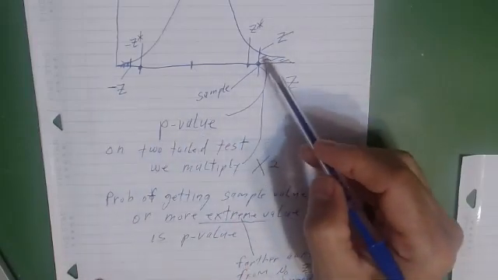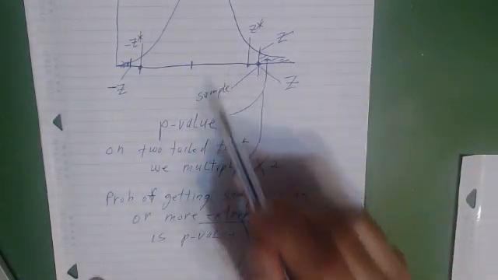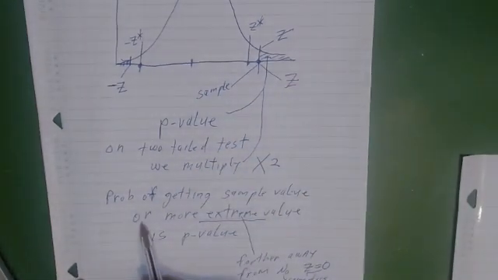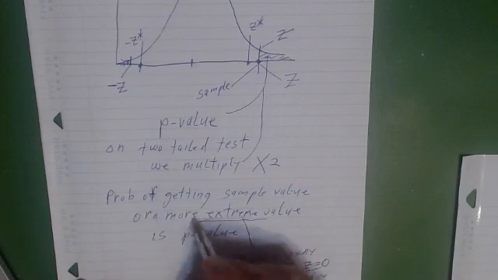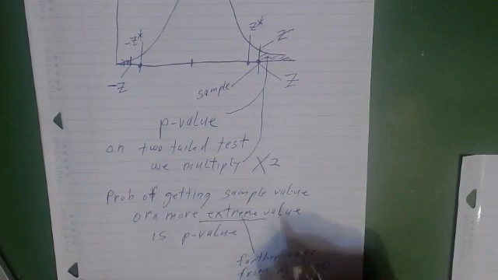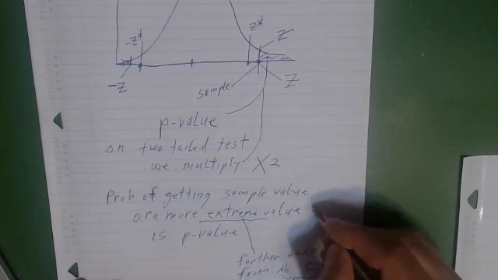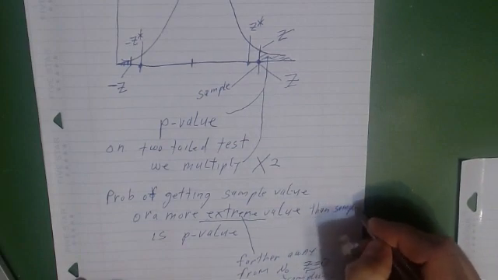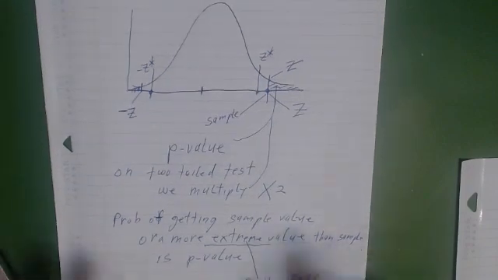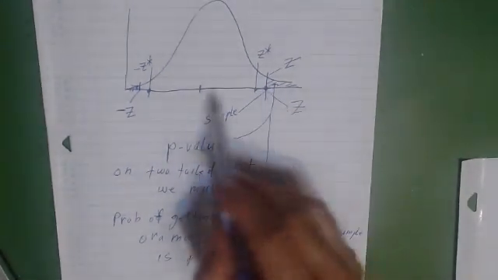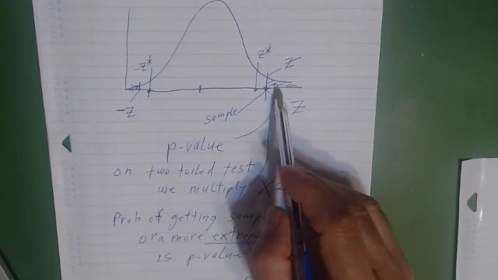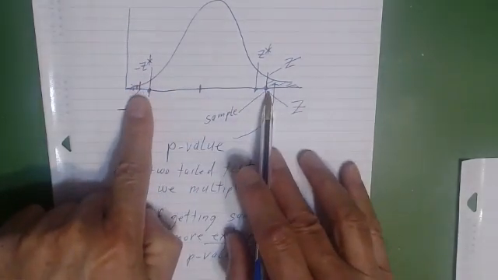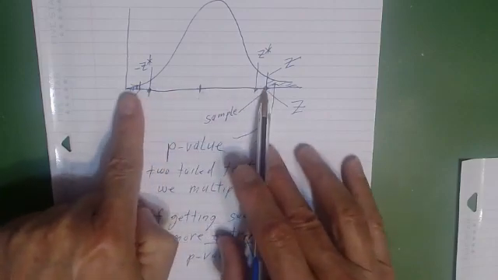So the p-value is the probability of getting a sample value or a more extreme value than your sample. So it's saying there's a very low probability, if this is true, that I'll be at least this far away from the mean.